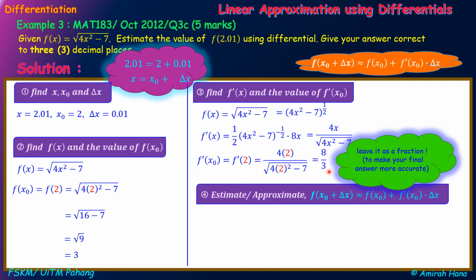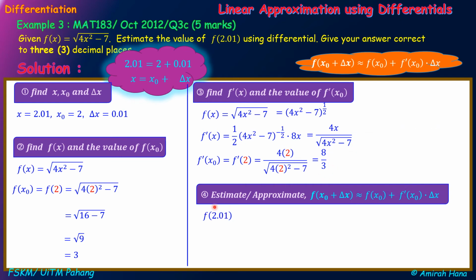We just keep our answer in fraction to make an accurate value. Never leave this value in decimal in your intermediate calculation. We only leave the final answer in decimal, but when you calculate under the solution, you better leave your answer in whole number or fraction.